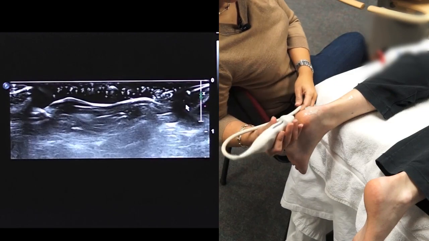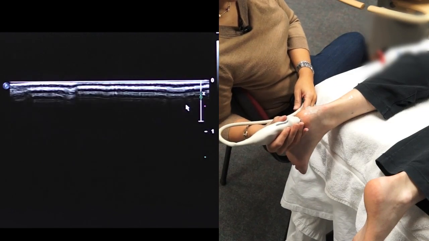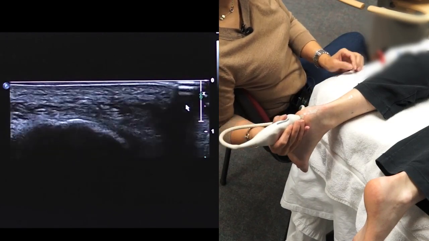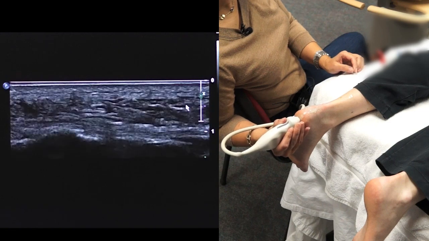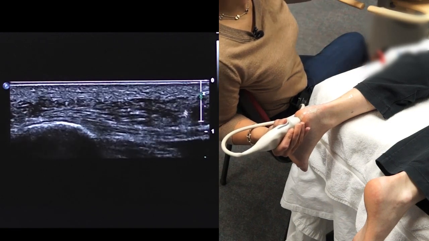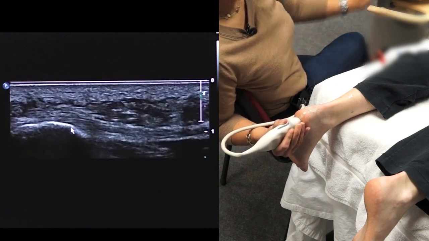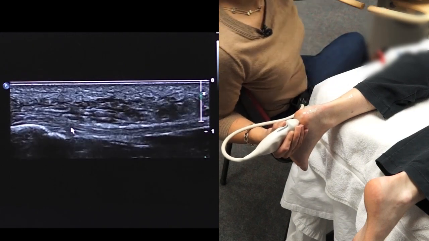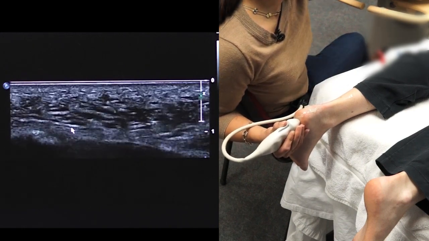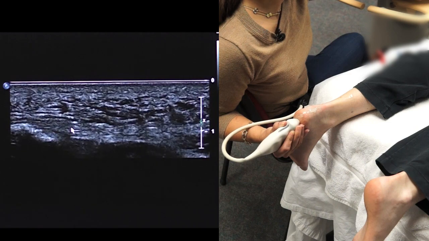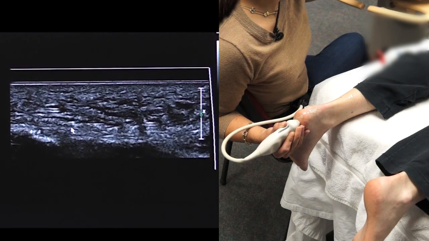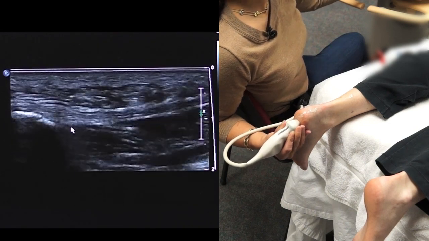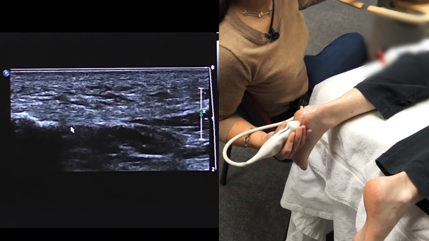Okay, coming around to look at the plantar fascia, we swing around and we look for a linear structure that is inserting onto the calcaneus, but now we are looking on the plantar aspect of the foot. Let me adjust my focus and my gain.